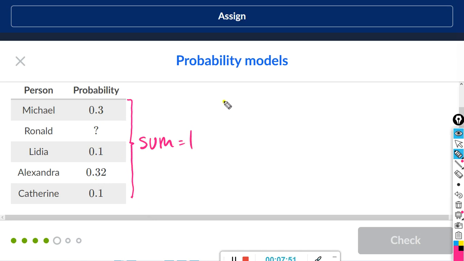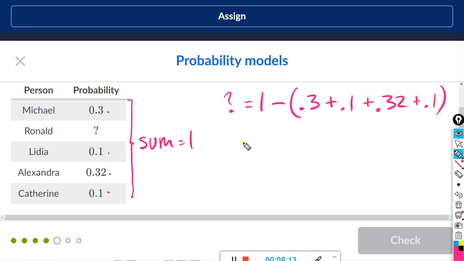So the question mark is just going to be 1 minus the sum of the other ones: 0.3, 0.1, 0.32, and 0.1. 0.3, 0.4, 0.5, 0.82. 1 minus 0.82 is going to be 0.18.